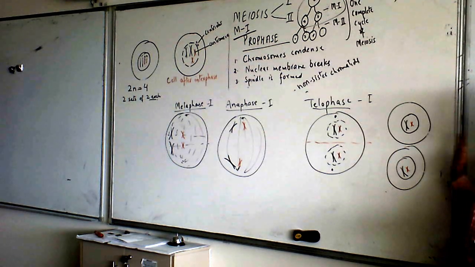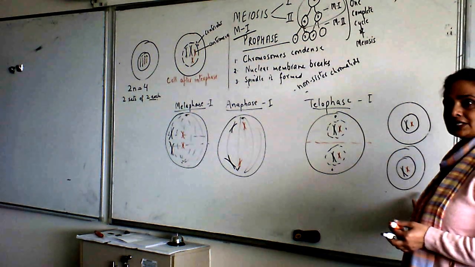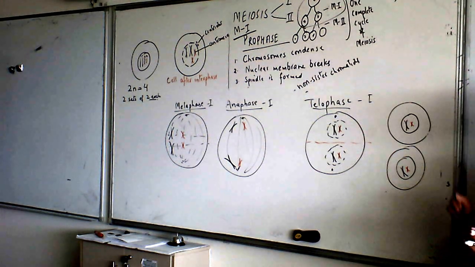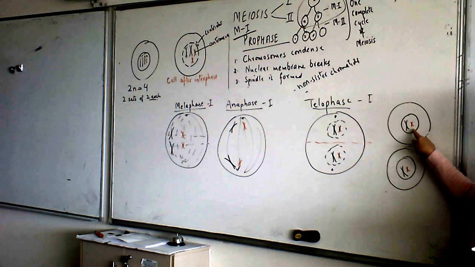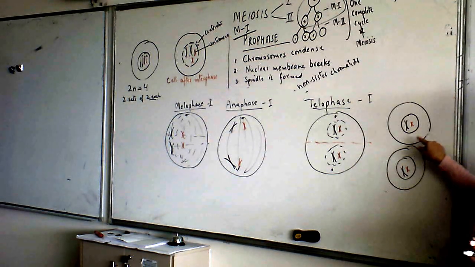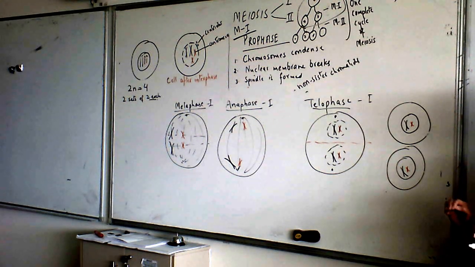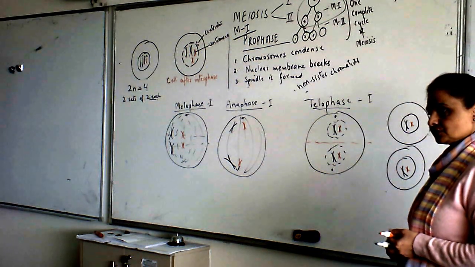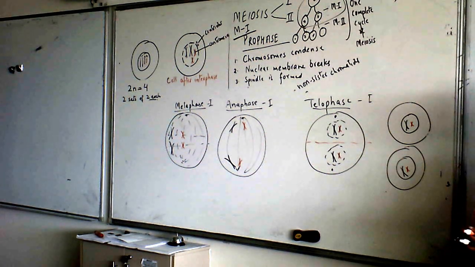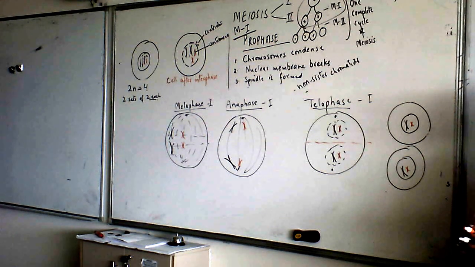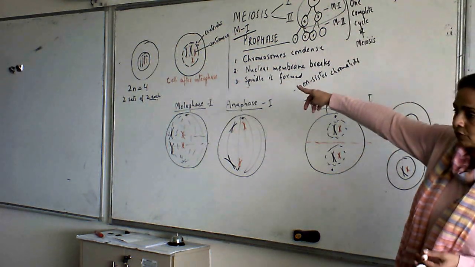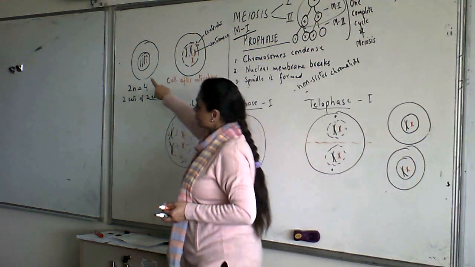Okay? This is just the first part of meiosis. Why doesn't the division stop here? Why can't we say it's complete? What is something abnormal about these cells yet, because of which they have to go through meiosis 2? Does this look like a normal cell of a body? Why not? The number of chromosomes is 2. We started off with 4.